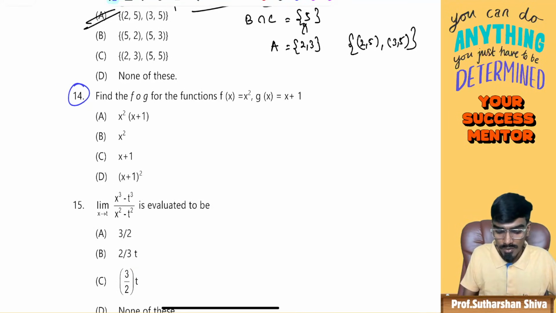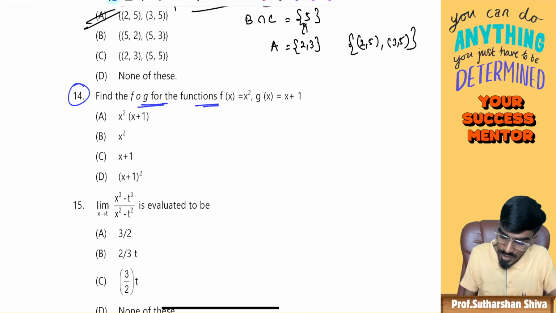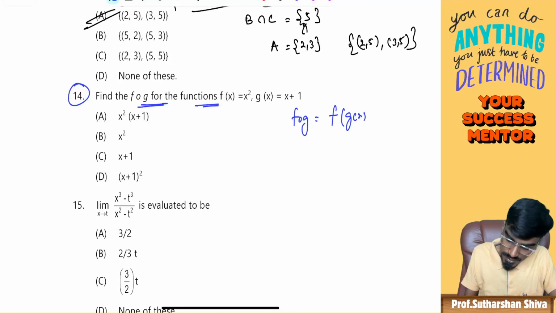Now come to question number 14. What is this 14 all about? Fog for the functions f of x equal to x square and g of x equal to x plus 1. What does fog mean? Fog is nothing but f of g of x. It is nothing but the function of g of x should be taken.